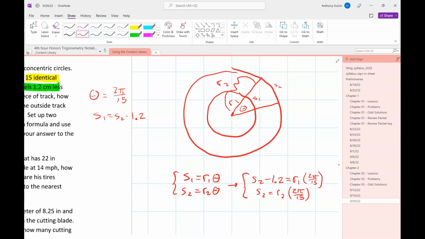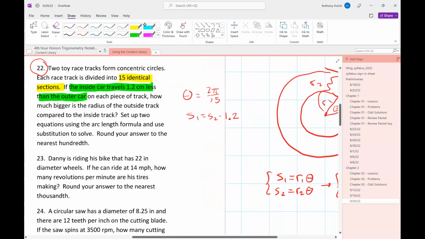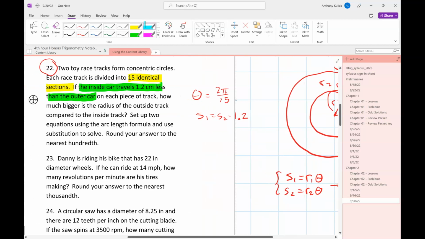I have S2, R1, and R2. Everybody okay with that? Does it matter that S2 occurred twice? Not to me. Okay, well that's still kind of a problem, right? Because to solve this precisely, I need to have just 2 variables in 2 equations, right? But let's take a little bit closer read. What was it really asking us for?